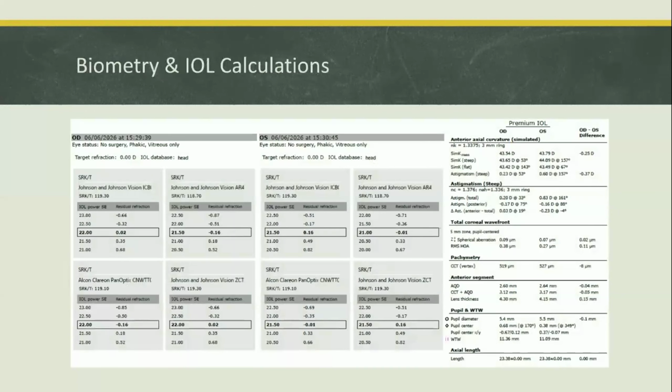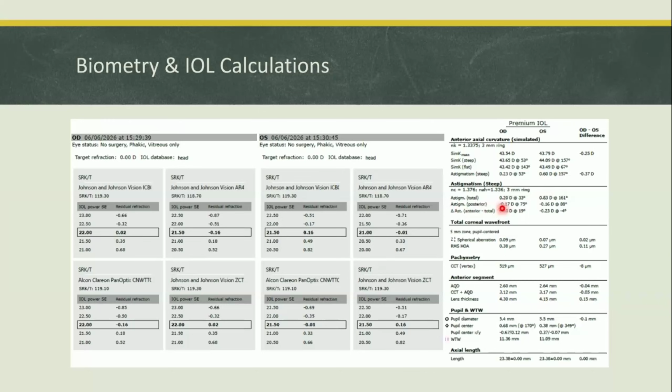So here is an example of a biometry sheet. Towards the right side, it has K values, steep, flat, and astigmatism. At the pointer, there is the total astigmatism.